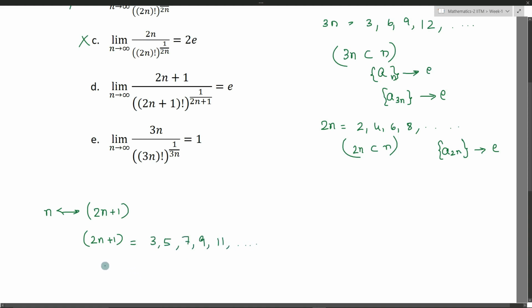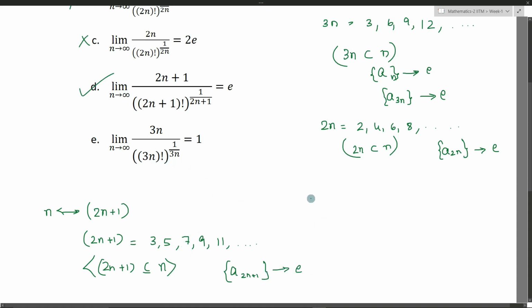This is also a subset of n. So a of 2n plus 1 should also converge to e. Yes, they have given it like that. So option D is right.